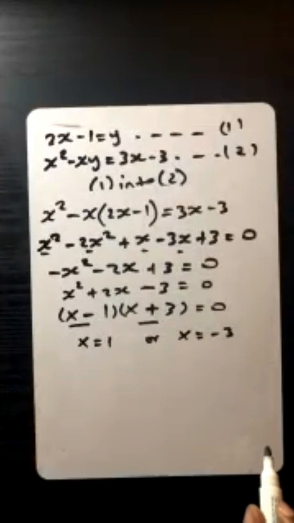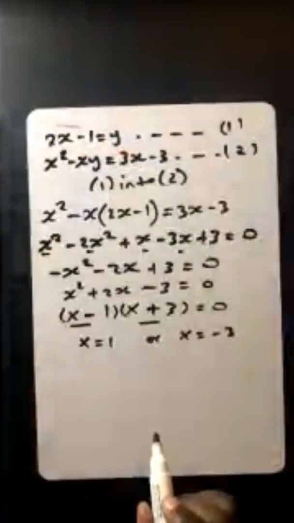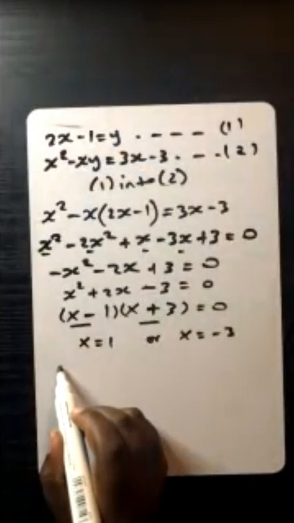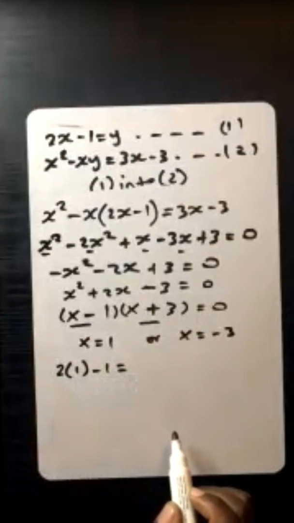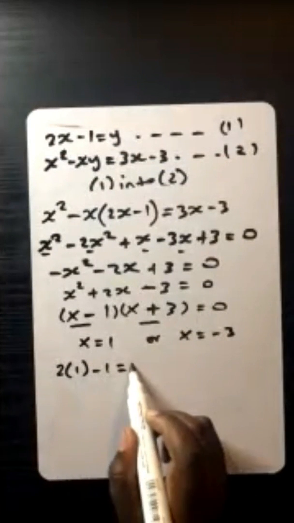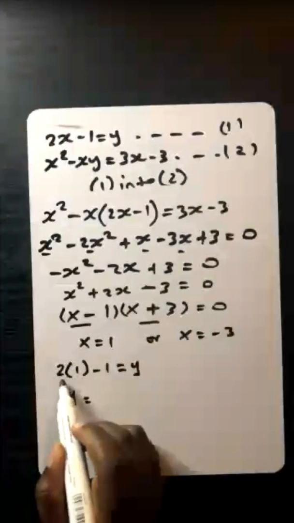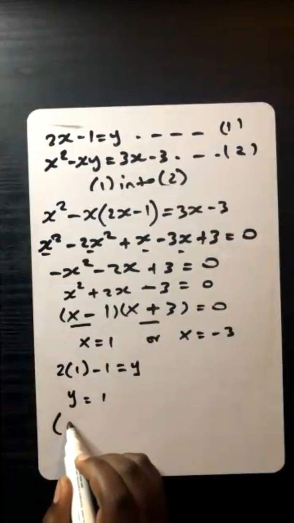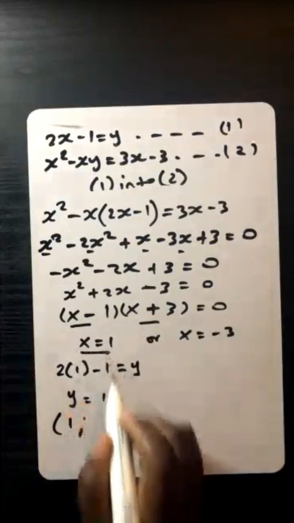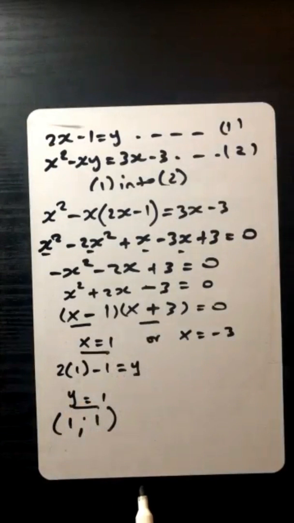So now you can use this value to substitute into equation number 1. Remember, you've got 2 into 1 minus 1, which is equal to y. So that means y is equal to the whole of this, which is that minus that is equal to 1. So that means where x is 1, the corresponding y value is 1.